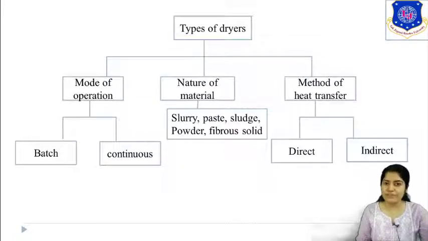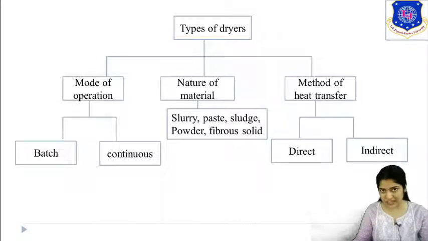See, the main application here is in the food industry. There are many areas in which you have to carry out drying, especially in the food industry. So this way the material is important here: what kind of material we have to dry out. Based on that material, different kinds of equipment are used. Then the method of heat transfer: how you are supplying heat, that can be direct and indirect. So these are the ways you are classifying your dryers.